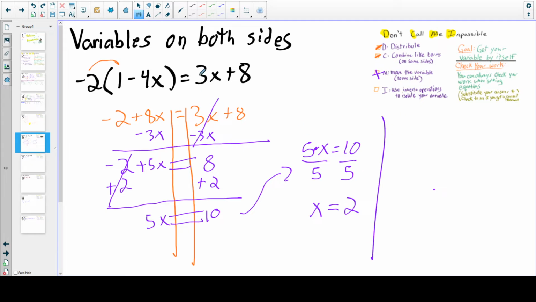Let's actually check this one. So we have negative 2 times 1 minus 4, but remember x is 2, so 4 times 2 is equal to 3 times 2 plus 8.